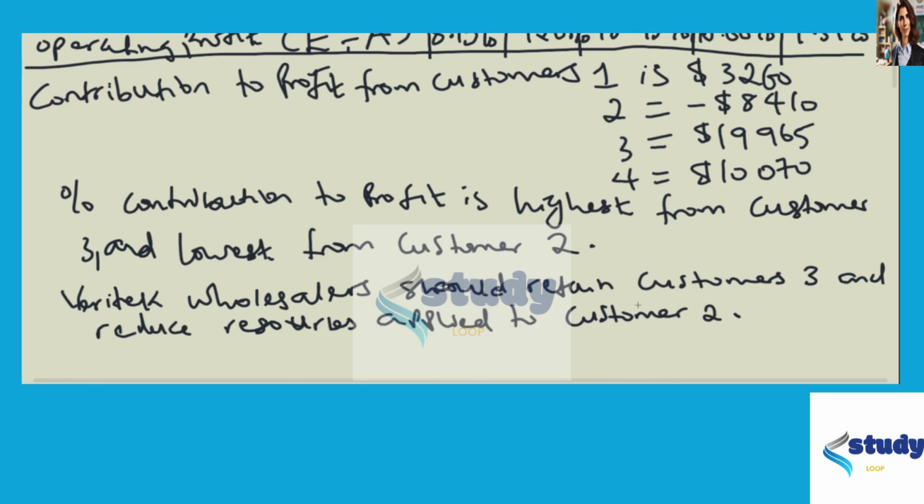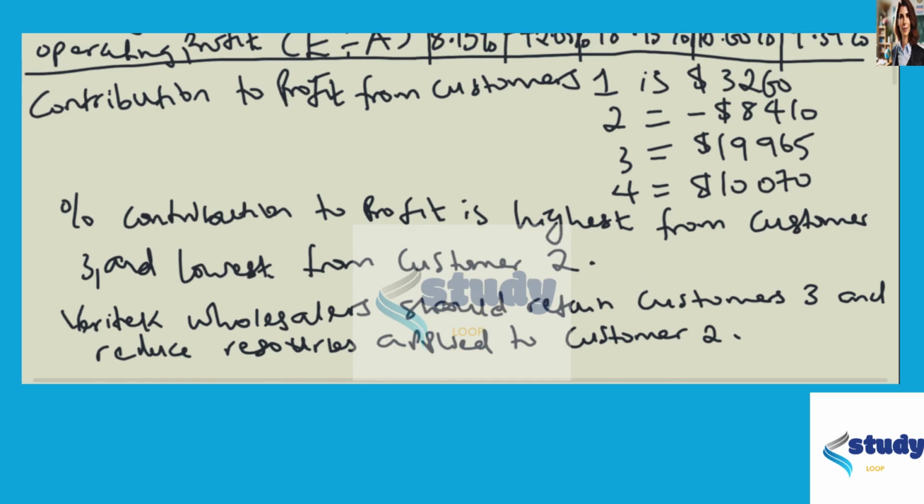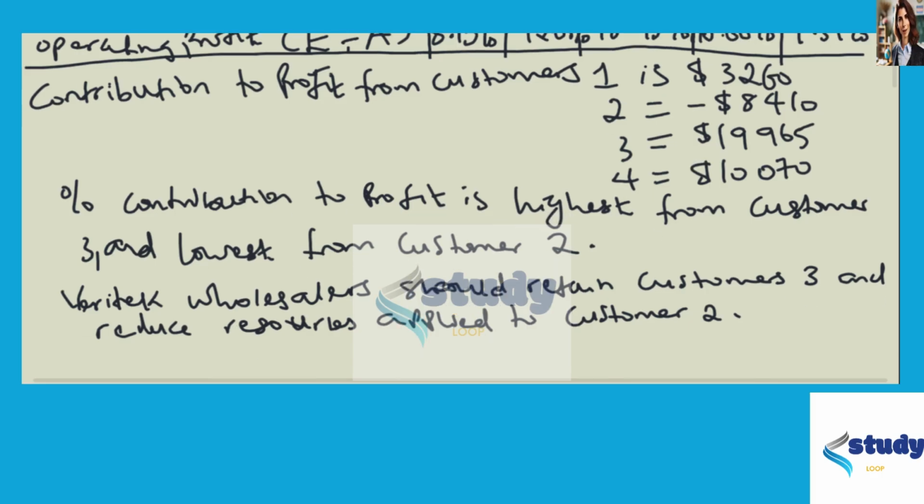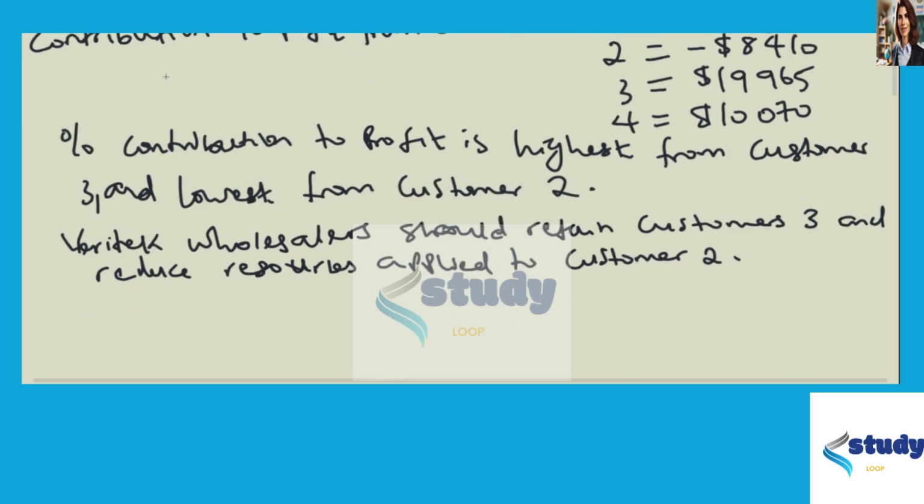So now we're going to be calculating the overhead cost for customers 1, 2, 3, and 4. So this is basically going to be the overhead cost.